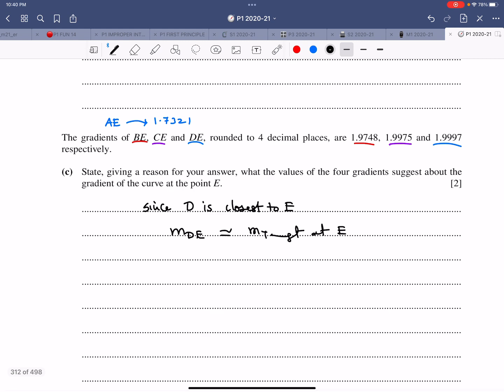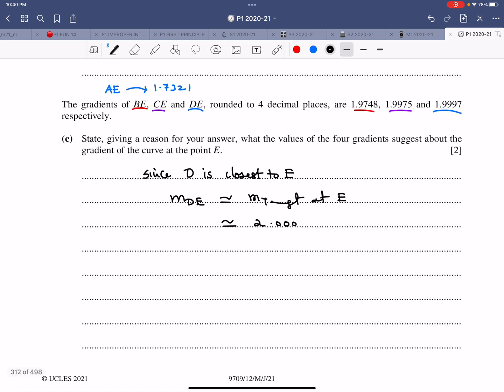So let's say that this would be equal to 2.000. Therefore, the part of the graph at which the tangent is drawn, these 2 points are so close that it behaves like a straight line. That is why we say dy by dx is gradient of tangent to the curve at this particular point. So since D is the closest, the gradient of DE is almost the same as gradient of tangent at E. So this question is done.